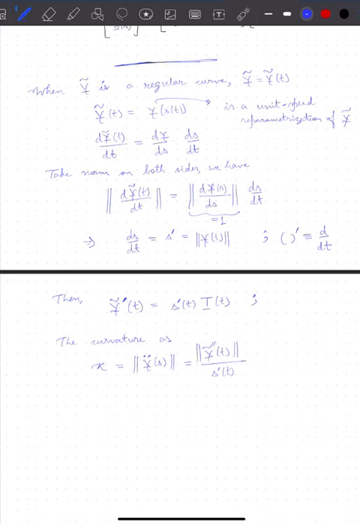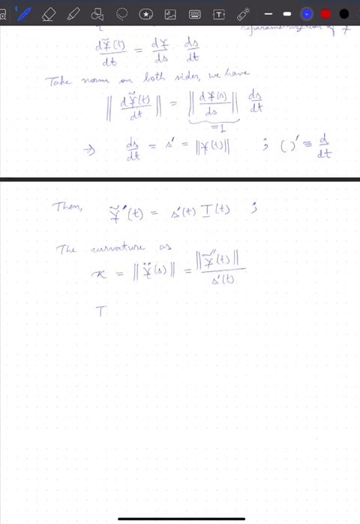And of course, the t vector is equal to s prime of t, and this is also equal to s prime kappa of t and then n vector of t.